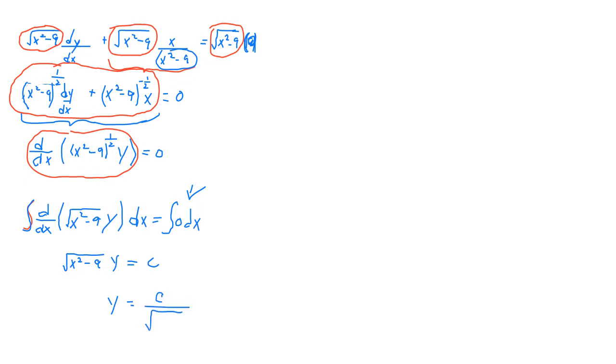And we're allowed to divide by that because we're not assuming x equals 3 or negative 3. And there's your solution. There it is. And I guess we can add the qualifier that either x is greater than 3 or x is less than negative 3.